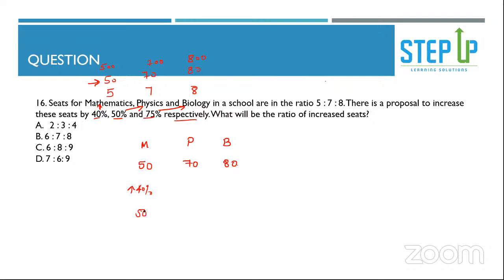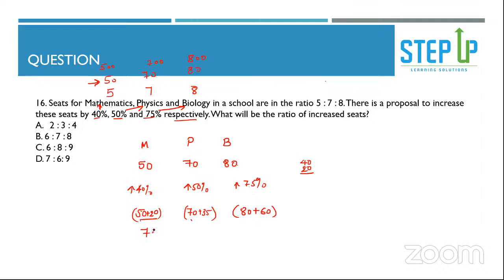So this is 50 plus 20, 70, right? This has been increased by 50%. So this will be 70 plus 35, right? And then this has increased by 75%. So 50% is 40 and 25% is 20.